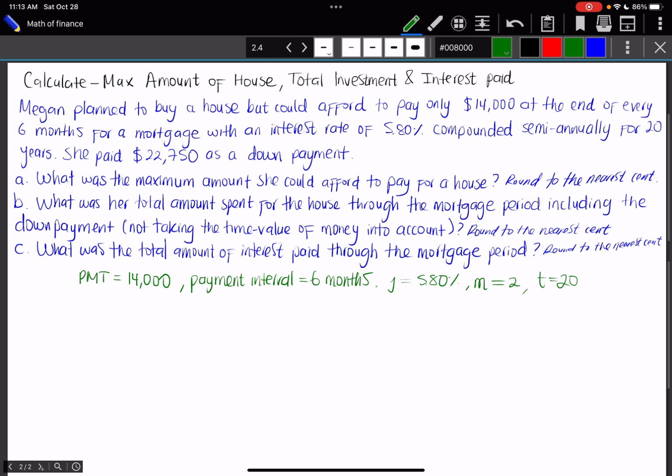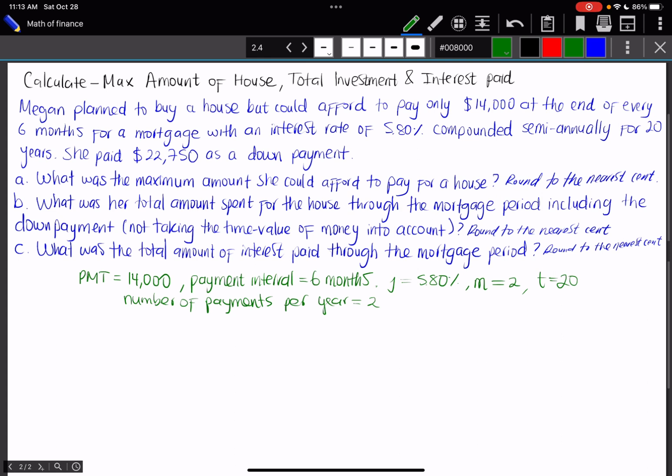We can also say that the number of payments per year is equal to 2 because payments are made every 6 months, and there are 12 months in 1 year. So there we have 2.